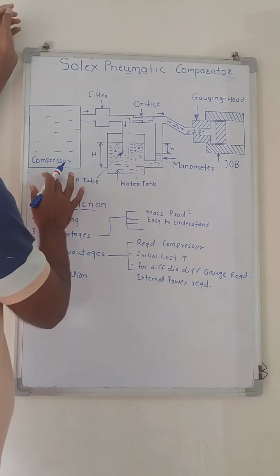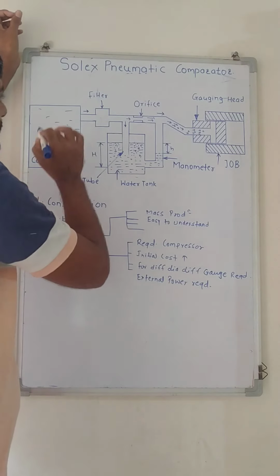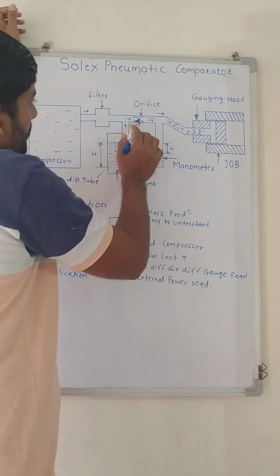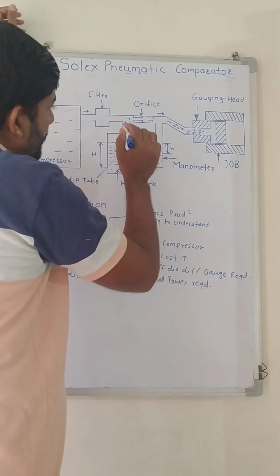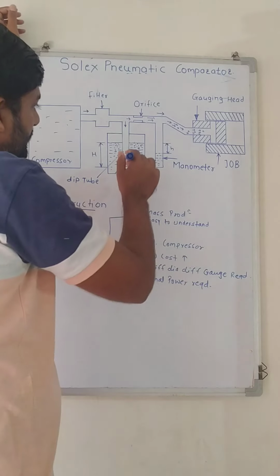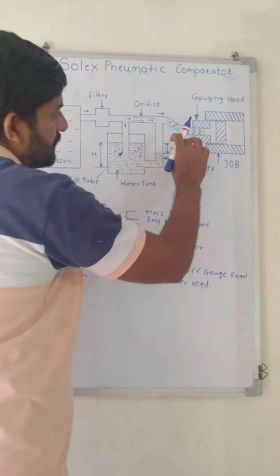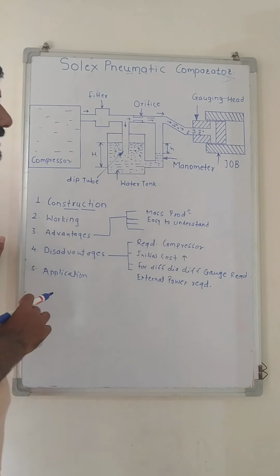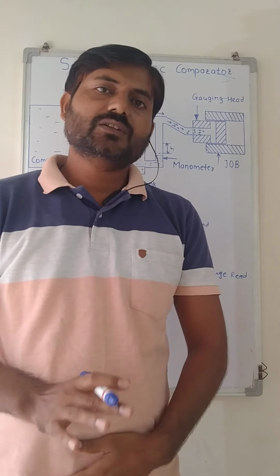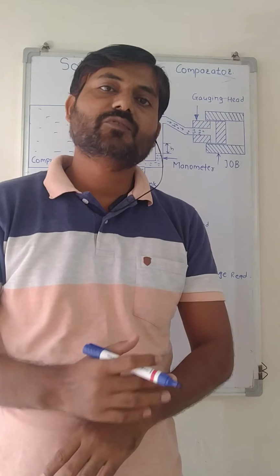When compressed air passes through the filter, because of the orifice, some of the air passes through this tube and some of the air passes through the dip tube into the water. So it acts with pressure on the water, and here you can see the pressure difference. Now let us see, when there are no irregularities or waviness present in the given surface, what will happen?